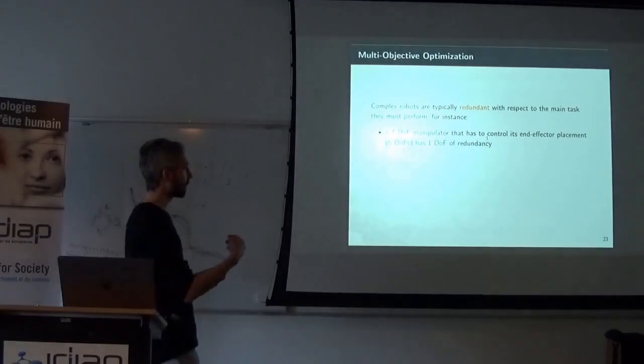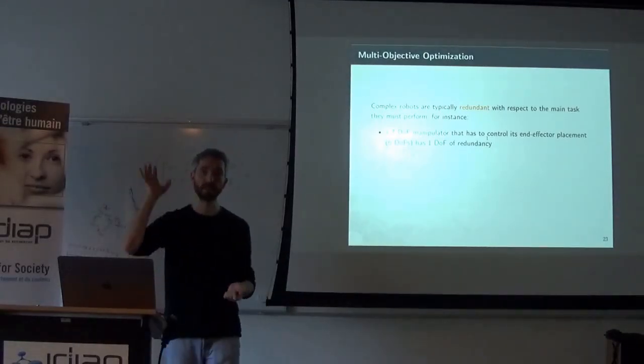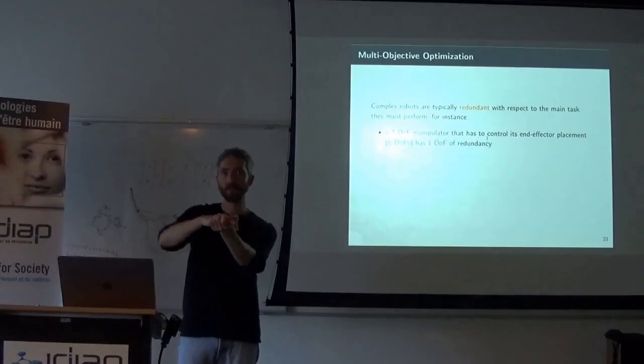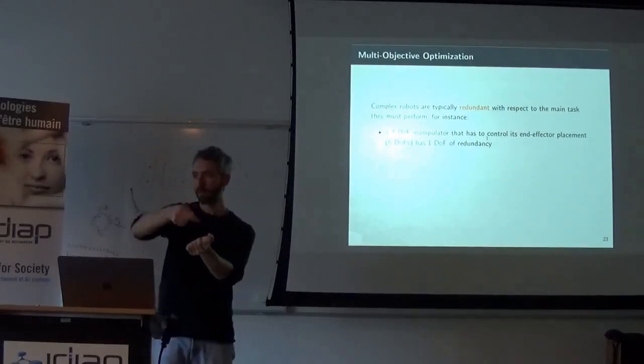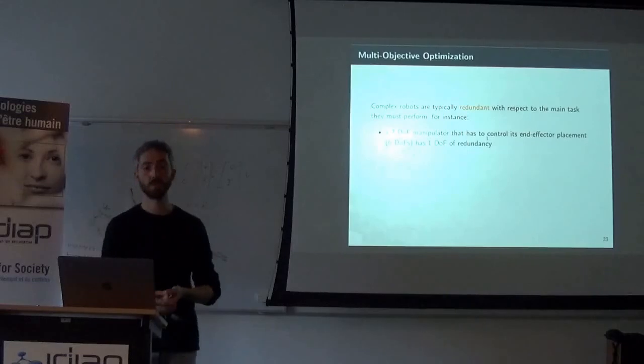Like you have a 7 degrees of freedom manipulator, and you want to control the placement of the end effector, while you have extra degrees of freedom, right? I can keep my end effector in the same placement, but I can still move my arm because I have 1 degree of freedom more than the dimension of the task I want to perform.